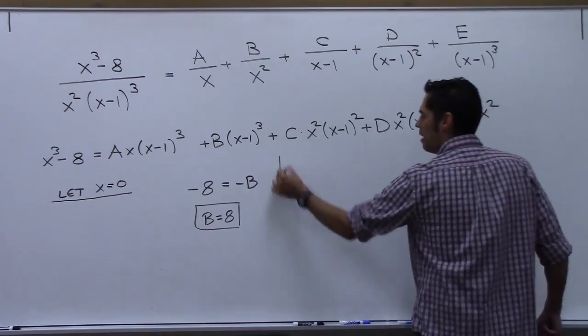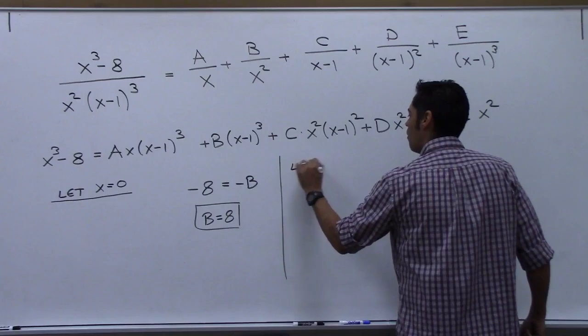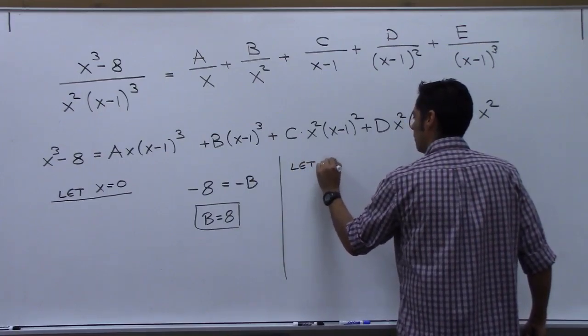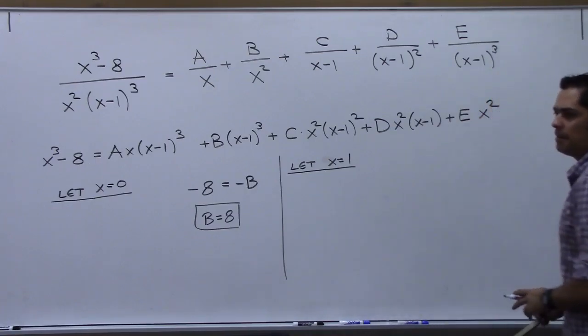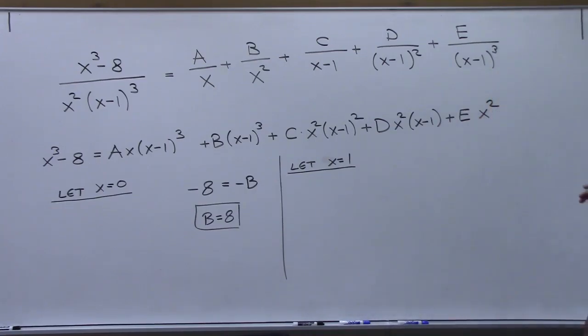Okay, now the next thing, let's let x be 1 and see what happens. Who wants to say it? No, guys, we have to have a female volunteer. Anyone want to say let x be 1? No? Too shy? Come on. We want a female representative of God here. We don't want to assume God is male.